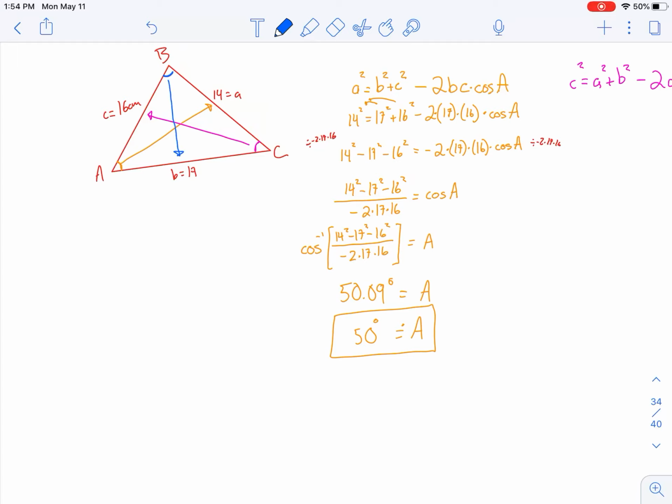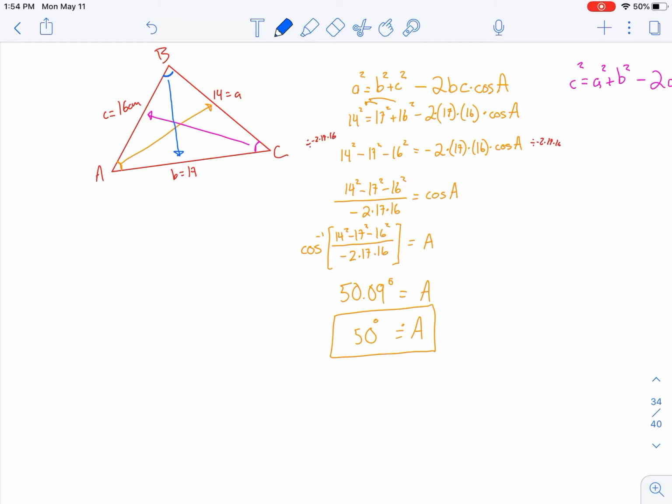My unknown is going to come on the numerator on my first one, so sine B, I don't know what that is, divided by B, which is 17, is equal to my complete ratio, which is sine of 50.09, let's keep that little bit of extra accuracy in there, degrees, divided by the opposite side length A, which is 14.